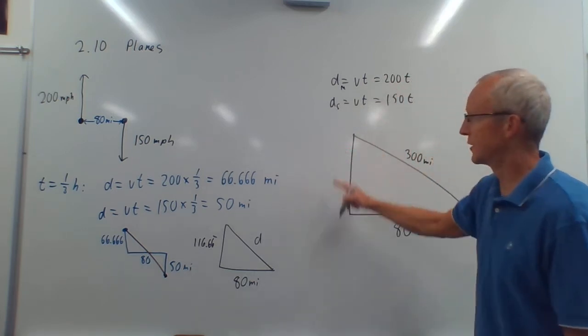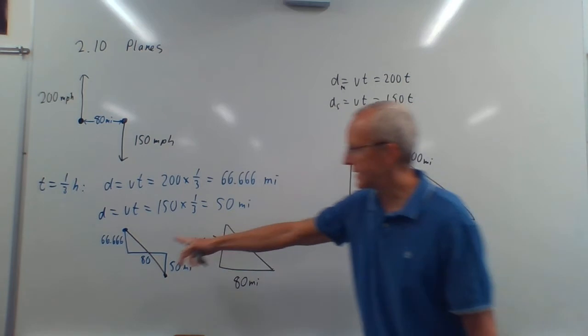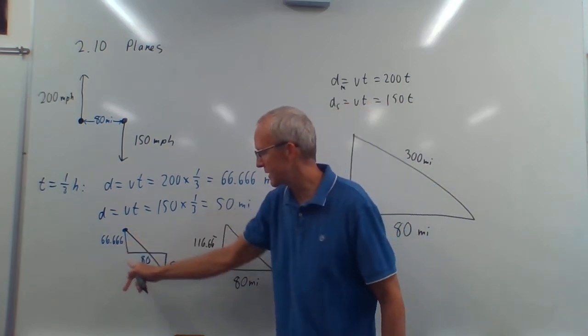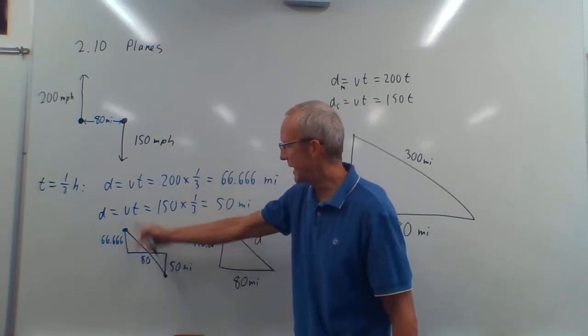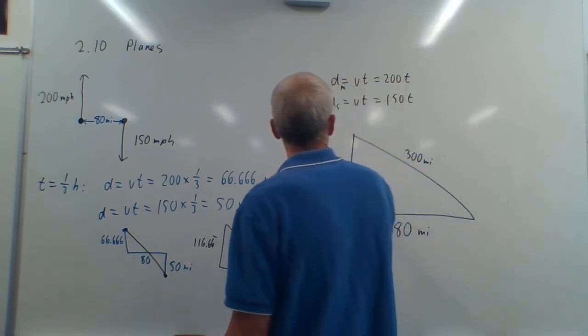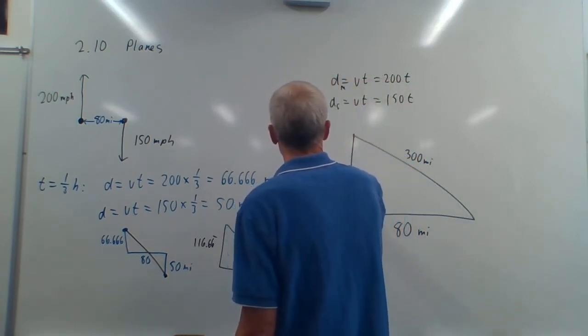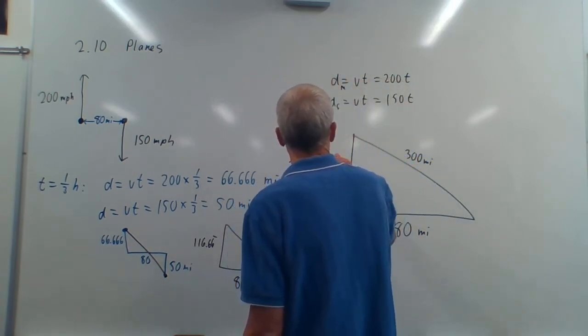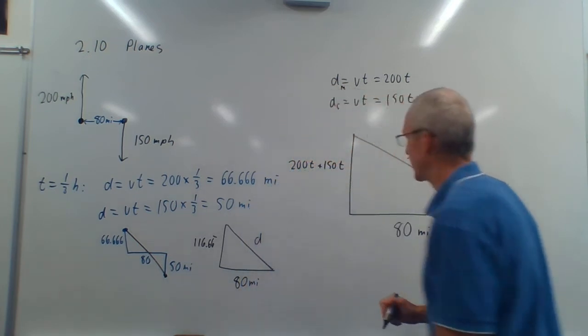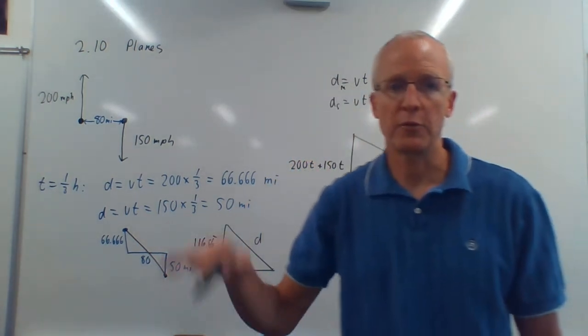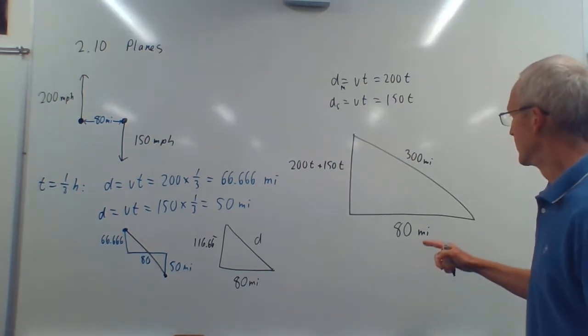And this distance is those added together. This one's 66.66, this one's 50. We just add those together. So this distance here is 200t plus 150t. That's how far apart they are north and south.